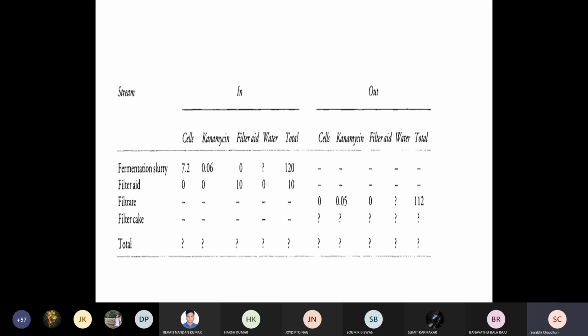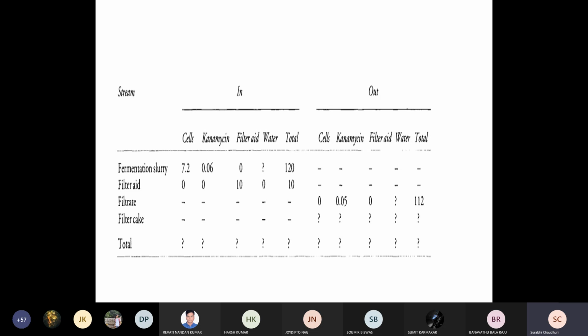Now we need to start calculating for in. For cells, it is 7.2 plus 0. So total is 7.2. For kanamycin, 0.06 plus 0. So 0.06. Filter aid 0 plus 10, 10. Total 120 plus 10, 130.